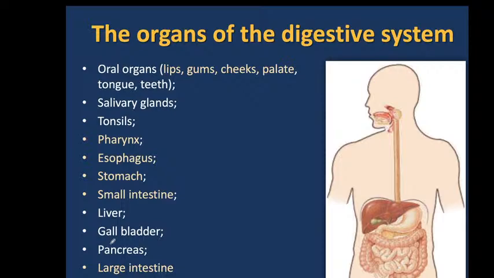The other accessory digestive organs never come into direct contact with food, like liver, gallbladder, and pancreas, because they produce or store secretions that flow into the gastrointestinal tract through ducts.